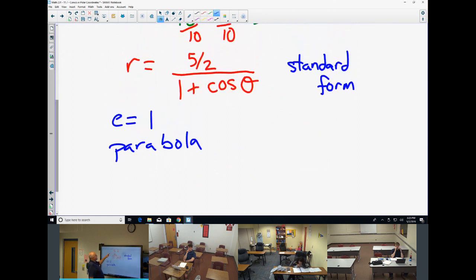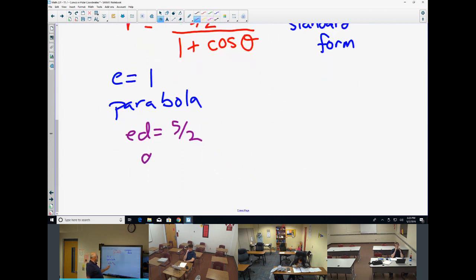All right, now to find D, I say E times D is equal to the numerator 5/2. And so I already know E is 1, so that just gives me D is equal to 5/2.